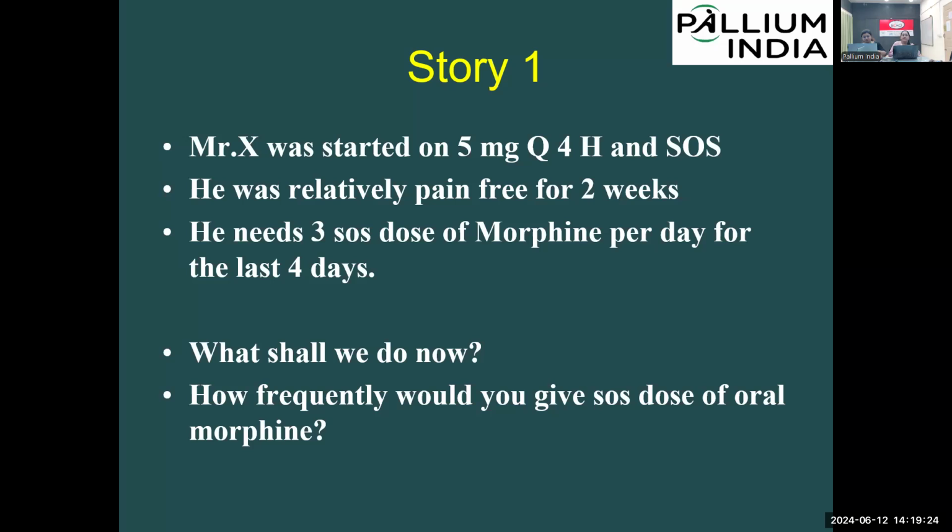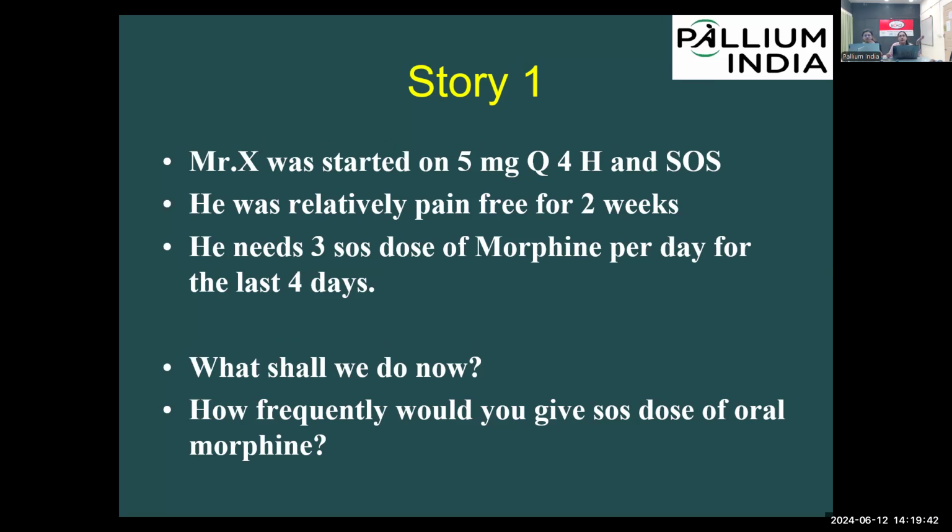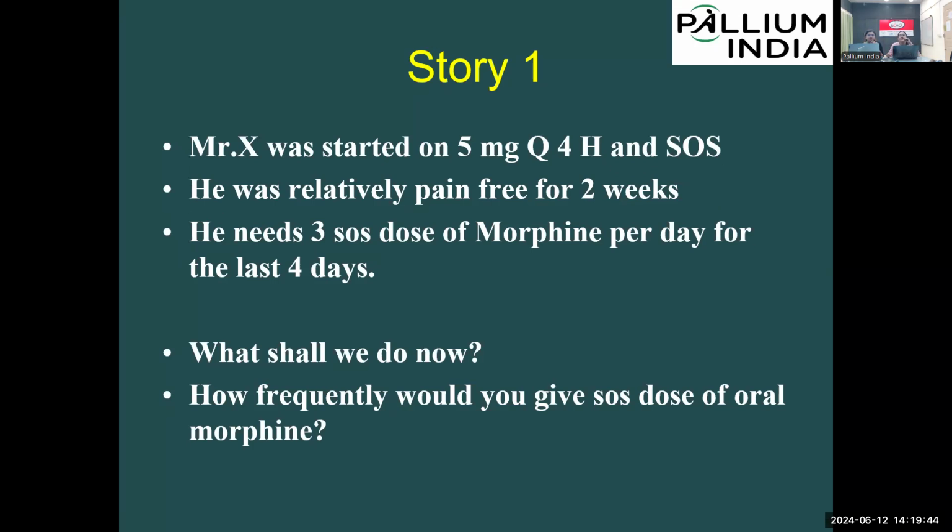When a patient is taking 2 or more rescue doses of morphine, which is a clear indication that the dose is insufficient, we can, in a 24 hours time, increase the dose by 30 to 50%. So the patient can be started either on 7.5 or 10 milligram of oral morphine every 4 hourly.